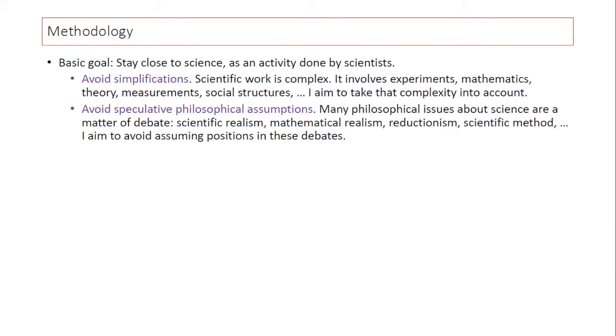The motivation for that is if we start with a very rigid philosophical framework and then discuss science within that framework, there is the danger of trying to squeeze science into that framework, and then we notice we need to distort science and make simplifications which are maybe inappropriate. It's better not to start with such a very rigid philosophical framework. At least that's what I try to do.